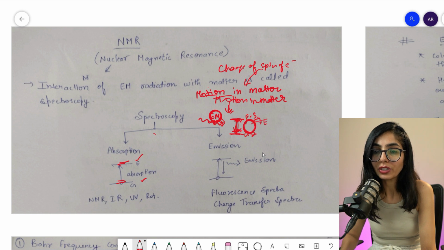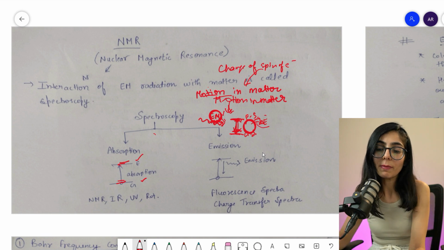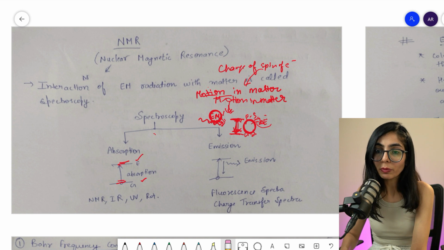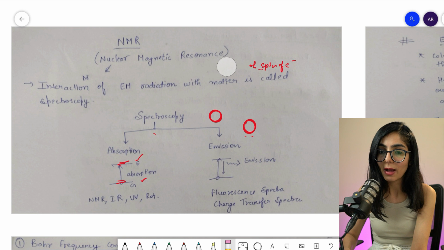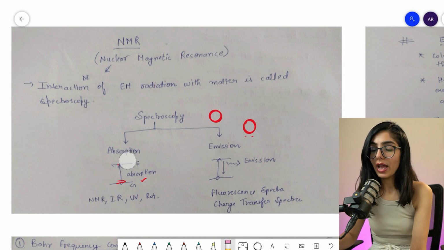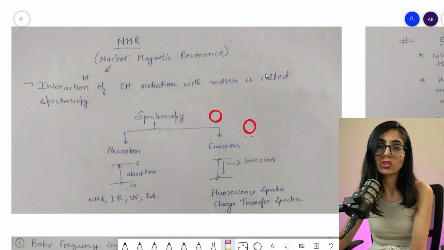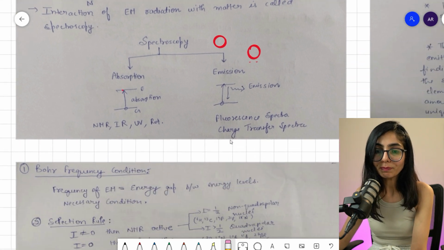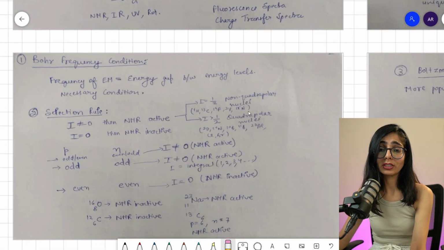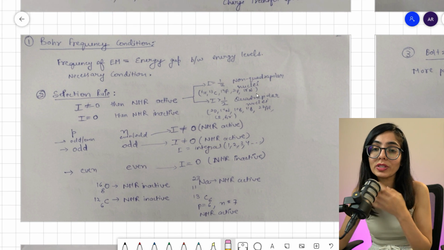So we'll put radiation frequency equal to this, and then only we'll be able to get any signal. That is the basic definition. I hope you got it, that the change of spin of electron will happen, motion will happen, energy levels will be created, and the rest is history. Fine. That is the first condition, the Bohr frequency condition.